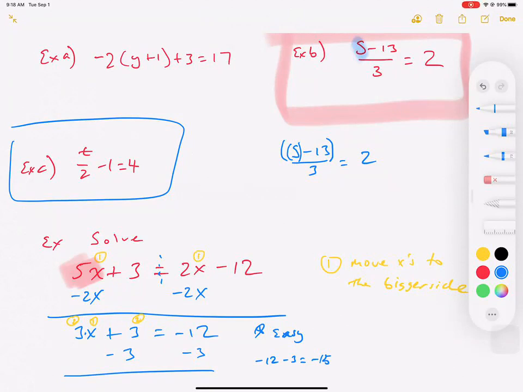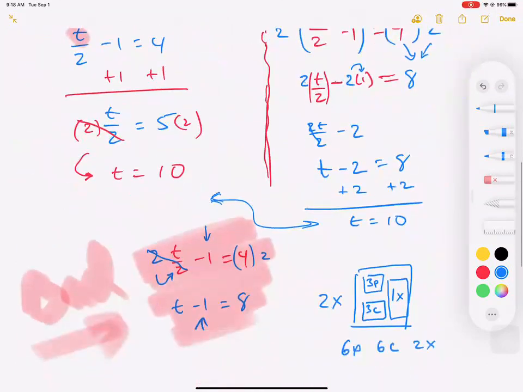Okay, let me share the poll. So we're kind of split. Some people are saying get rid of the 13 first. Some people are saying minusing the 2. And some people are saying multiply by 3. Now the correct answer is we want to multiply both sides by 3. We want to multiply both sides by 3.